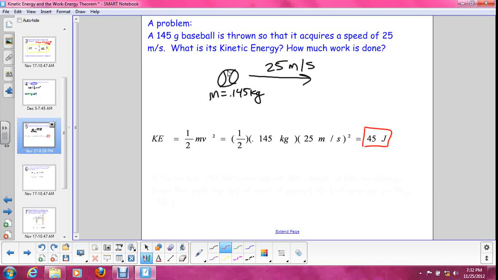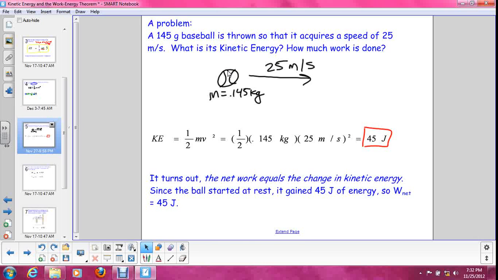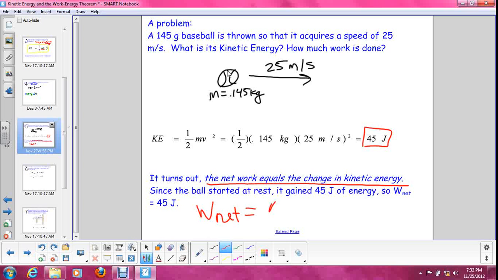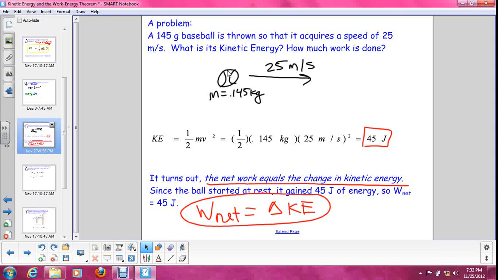But how will we know how much work is done? Well, it turns out because mechanical energy is the ability to do work, the net work done on an object equals the change in its kinetic energy. So net work equals change in kinetic energy. And this is a really important point. We're actually going to talk about it a little bit more.